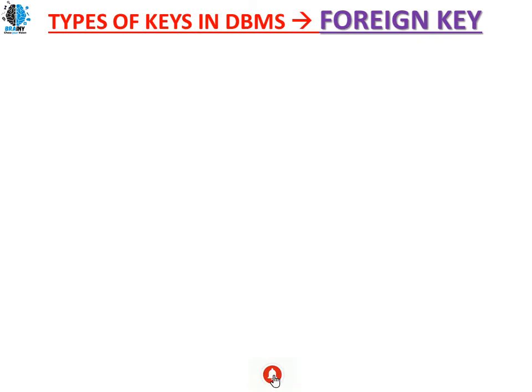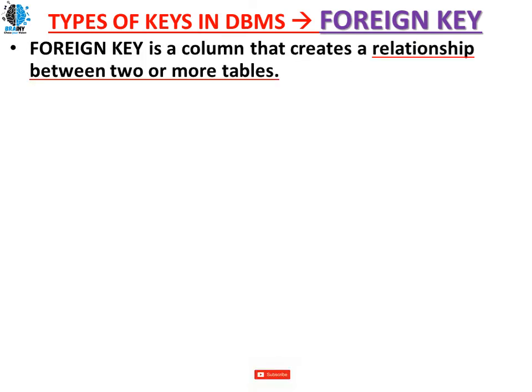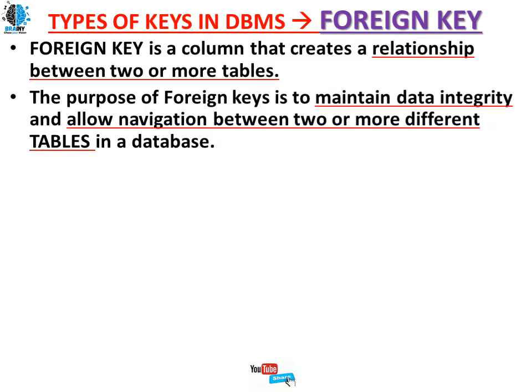So let's see. A foreign key is a column that creates a relationship between two or more tables. The purpose of a foreign key is to maintain data integrity and allow navigation between two different tables in a database. As we have two different tables, we maintain data integrity in each: which customer is purchasing which particular product and what is the price.